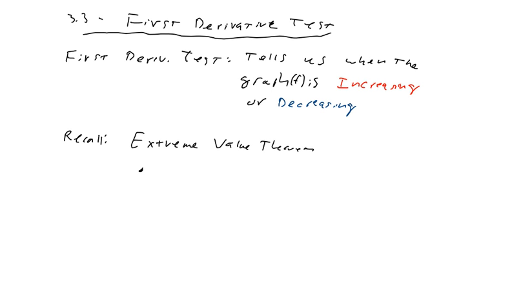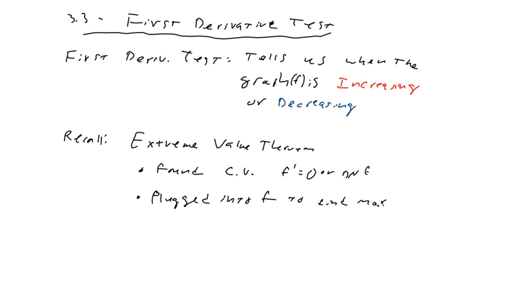With the extreme value theorem, you found critical values where the derivative was equal to 0 or dne, right? You found those critical values, and then you plugged them into f to find max or min.